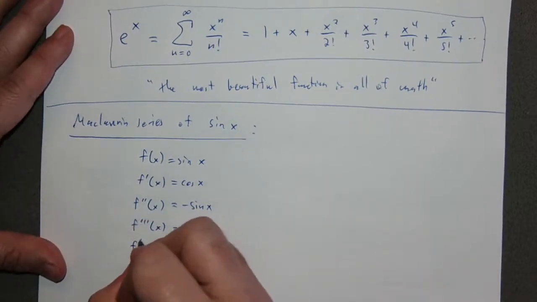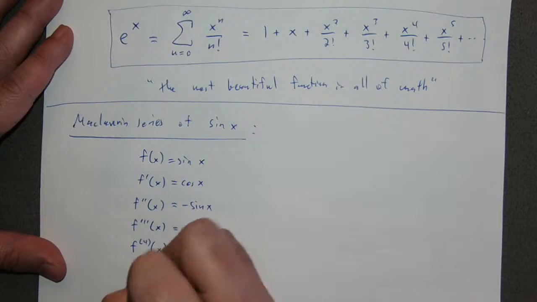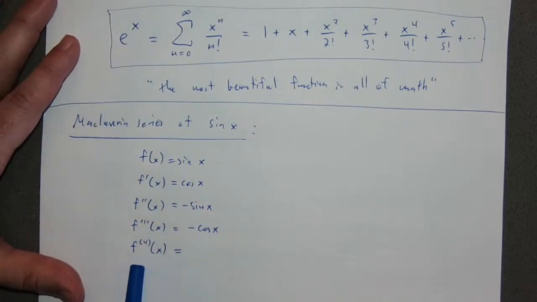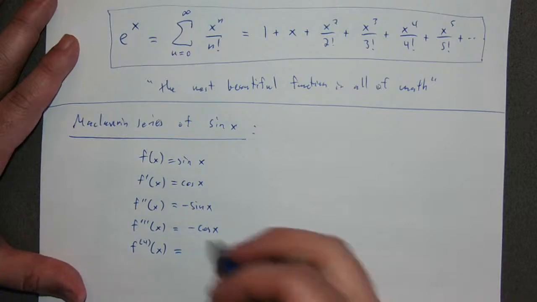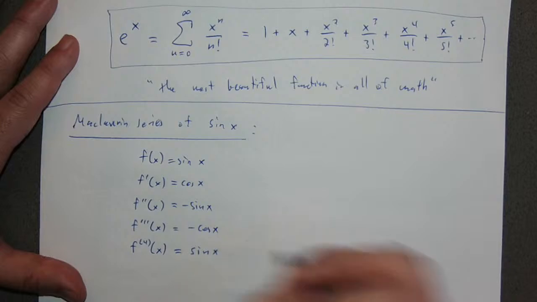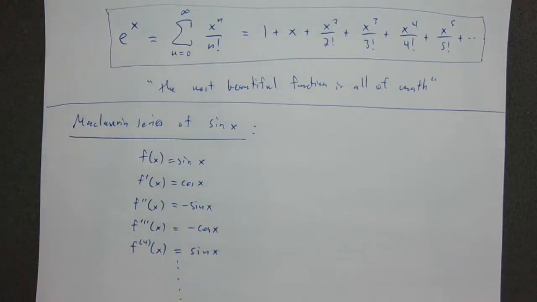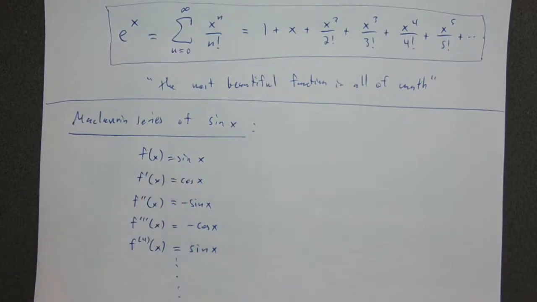And finally, taking the fourth derivative, I'm taking the derivative of the third derivative, so that's the derivative of minus cosine x. That's minus sine x, so it's just sine x. So it repeats after that. You take four derivatives in a row, and that takes you back to the thing you started with.